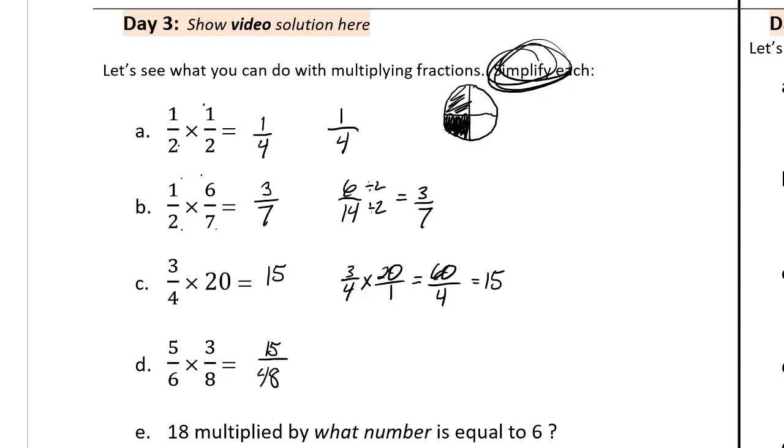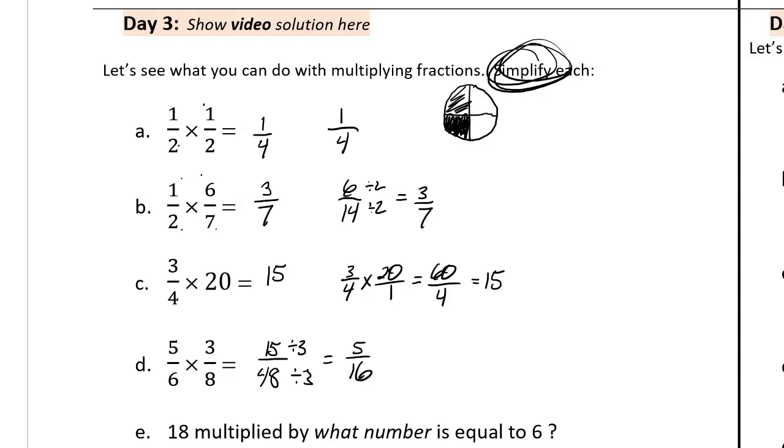The number 15 divides by 3 and by 5 and by 15. Does 48 divide by any of those? Yes, 48 divides by 3. So we can divide numerator and denominator both by 3, creating 5 over 16.